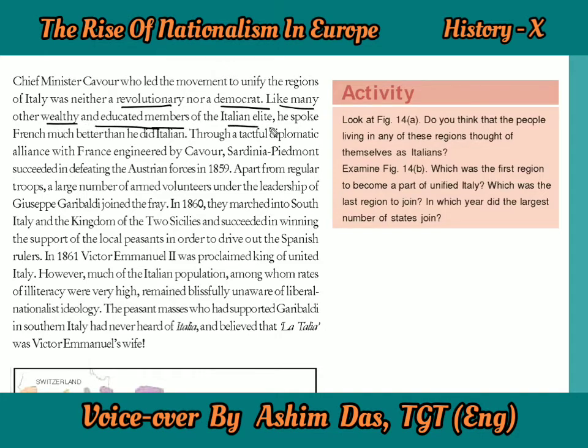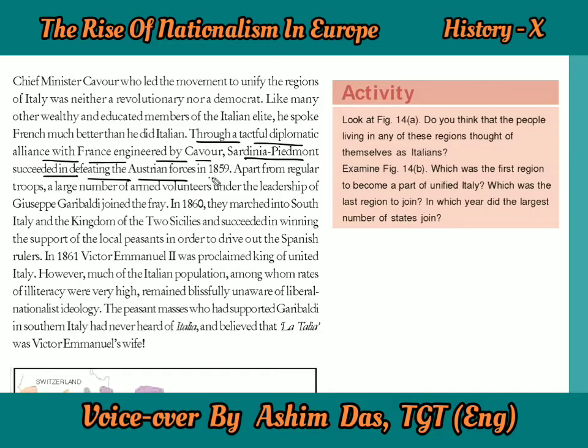So you can understand that he always had good relations with all the people of the neighboring areas, and that is why he could speak French better than Italian. For the purpose of diplomacy, he could even go to the extent of making friendship with his enemies.